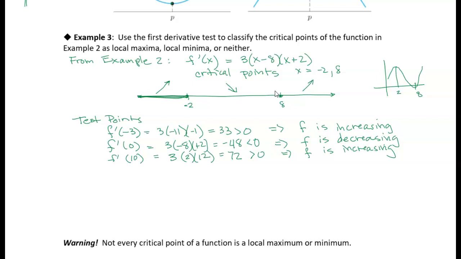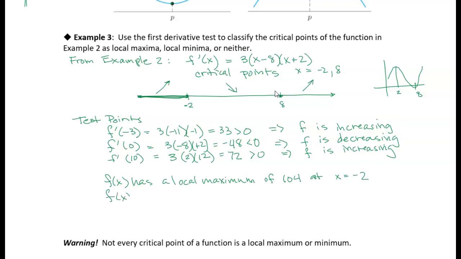So you can see that f of x, the function, has a local maximum of, now we've already calculated what the values are in the previous example, so we found that the value of the function at x equals minus 2 was 104.